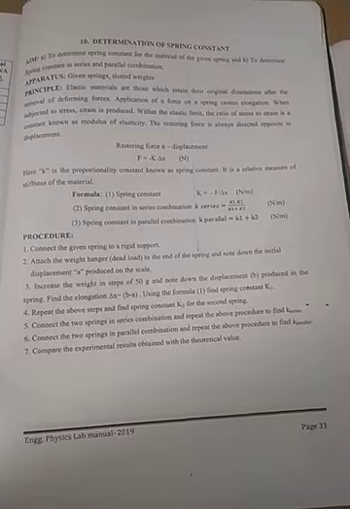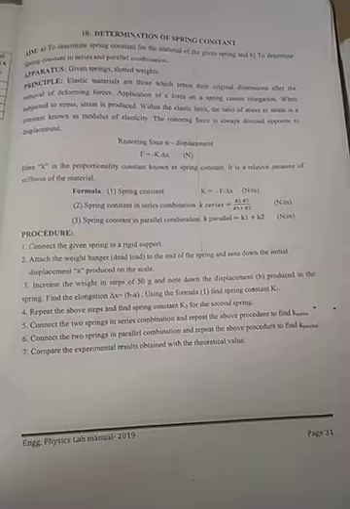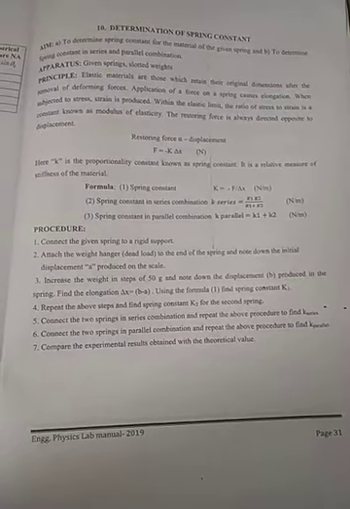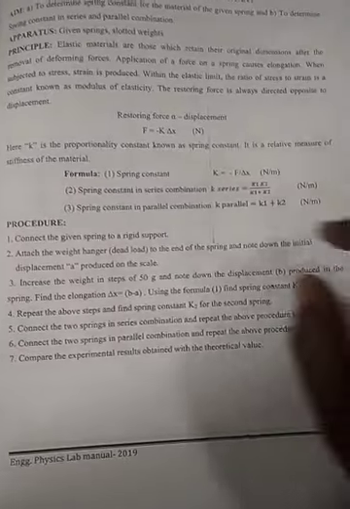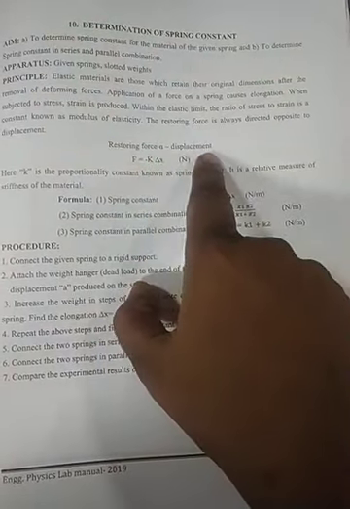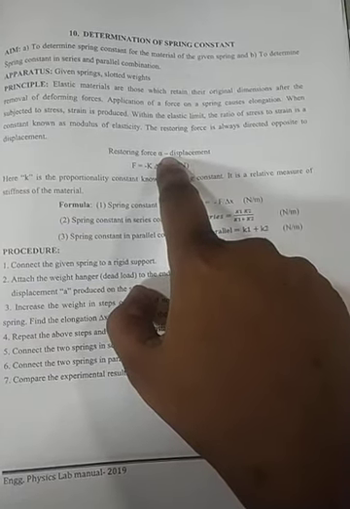The restoring force acts in one direction and the displacement acts in the other direction, so they are opposite in nature. The restoring force is directly proportional to the displacement, but they act in opposite directions, hence the negative sign.